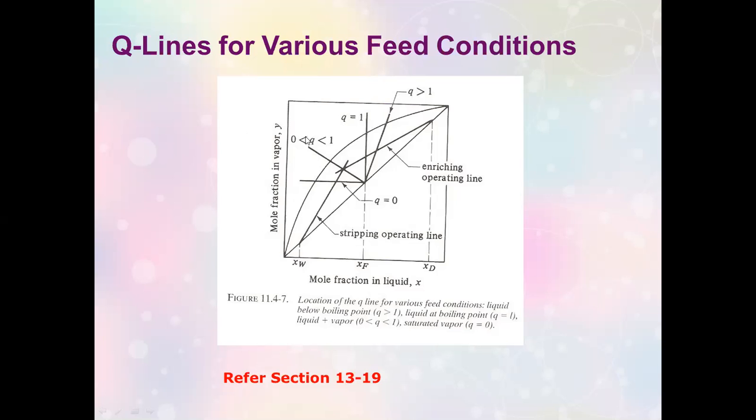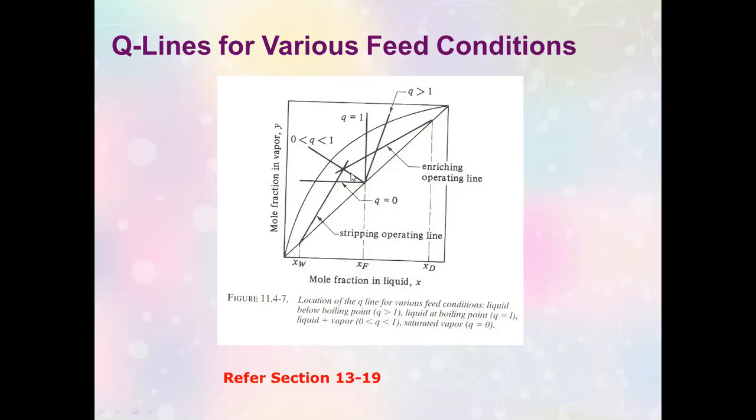Now, when you have drawn correctly your feed line or your Q line, same thing with your enriching section operating line, where the two intersect, for example, here, that's where you're going to connect the XW of your stripping section, or that is the mole fraction of the bottoms liquid in your stripping section.